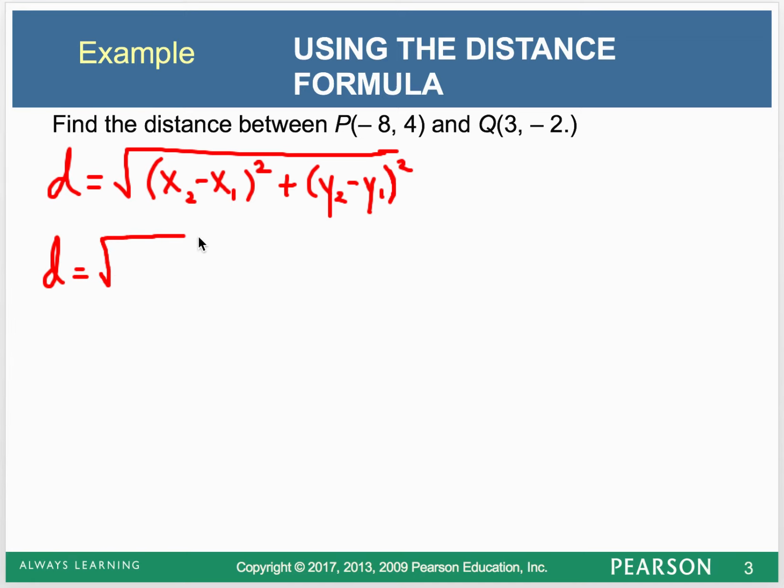It's the square root of my second y-coordinate. It doesn't really matter which one you call your first or second x-coordinate or y-coordinate. Okay, so I'm going to say 3 minus -8 all squared plus, now this was the x-coordinate I used, so here's my y-coordinate, -2 minus 4 all squared.